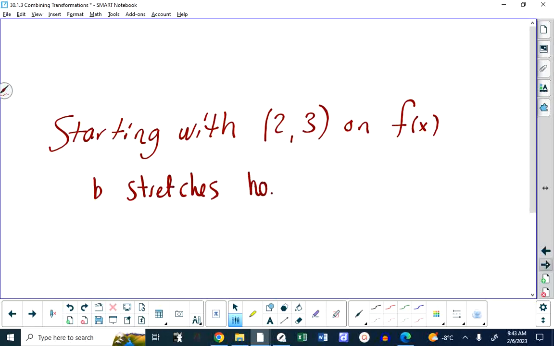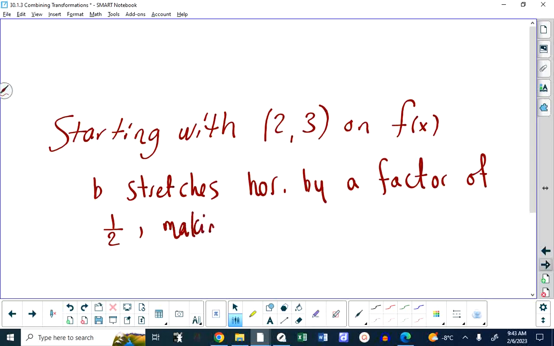B stretches horizontally by a factor of 1/2, making the point (1, 3). And I'm getting tired of writing already. Okay.